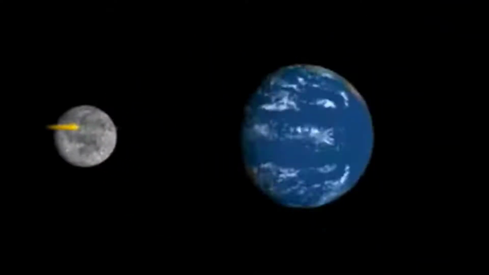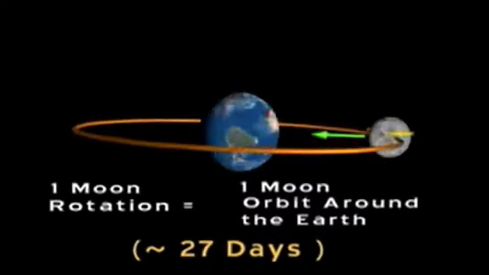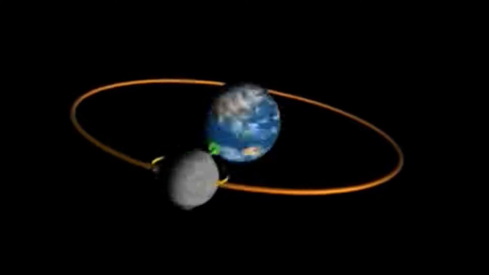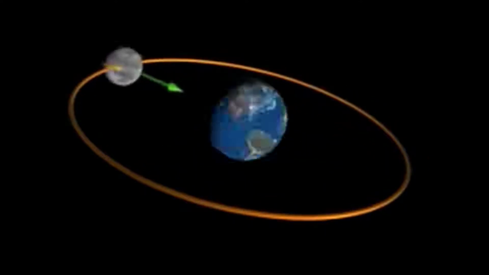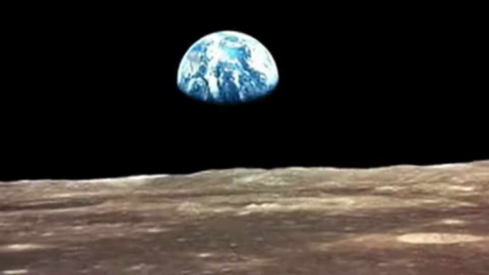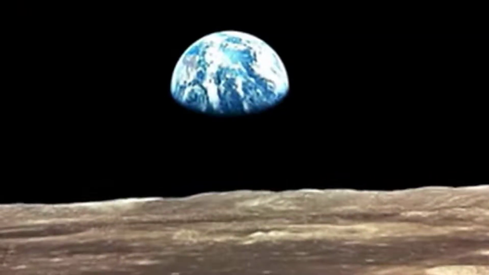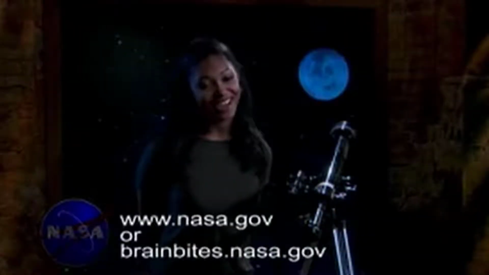The time in which the moon rotates once is the same amount of time it takes to orbit around the Earth once. The moon's rotation and revolution speeds are synchronized, so the moon is in a type of synchronous orbit. The result? From Earth's point of view, we always see the same side of our rotating moon. By the way, if you were on the near side of the moon, you would see our rotating Earth fixed in the same spot in the sky all the time. Think about it. Learn more about our moon at nasa.gov.